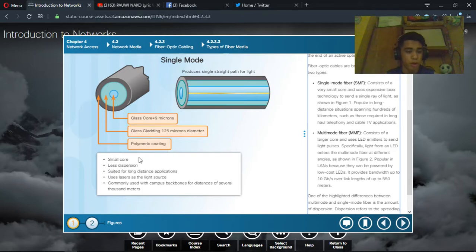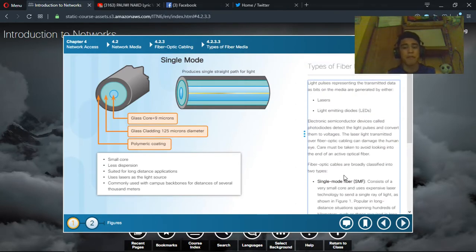It has a small core and less dispersion, suited for long distance. This type of fiber media is designed for long distance, for example when you have very long fiber media.